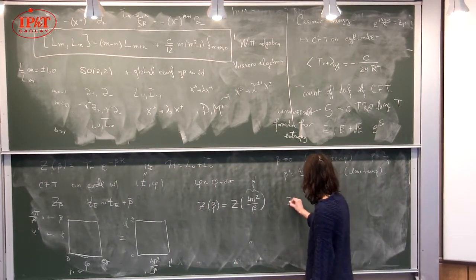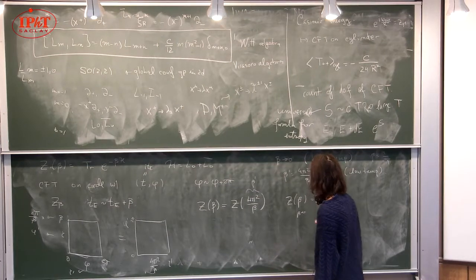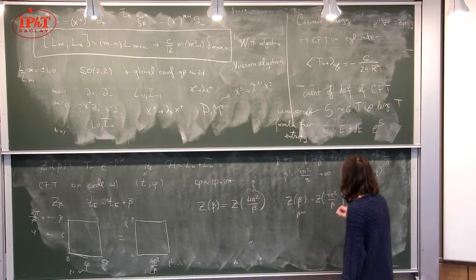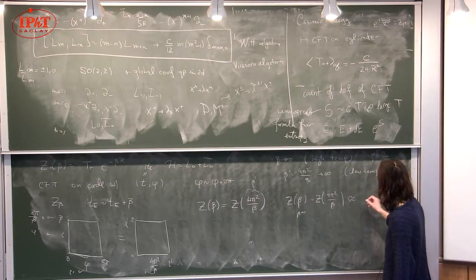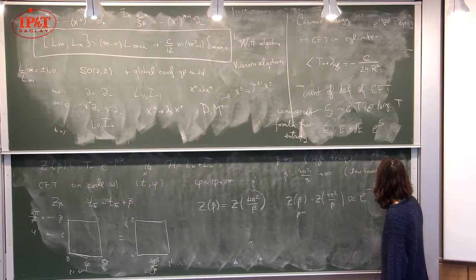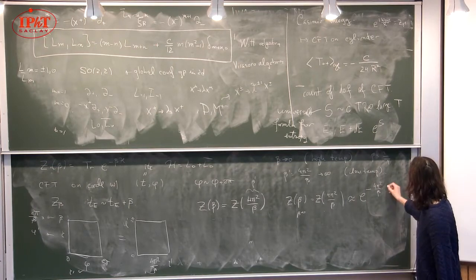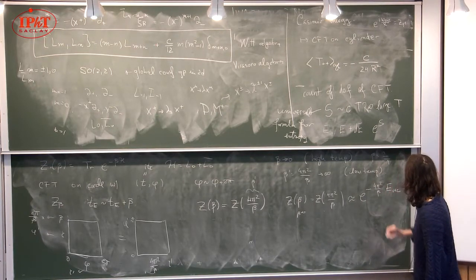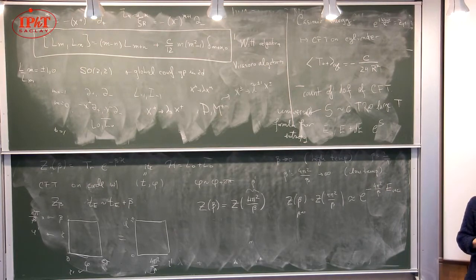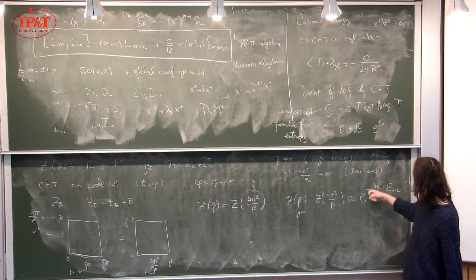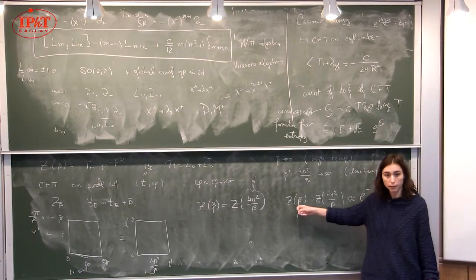So in the end, what I get is that Z of beta, for beta going to 0, is Z of 4 pi squared over beta, which is approximately given by e to the minus 4 pi squared over beta, which is just beta prime, times the energy of the vacuum. Okay, so I just use beta prime equals this quantity in order to evaluate my high temperature partition function.